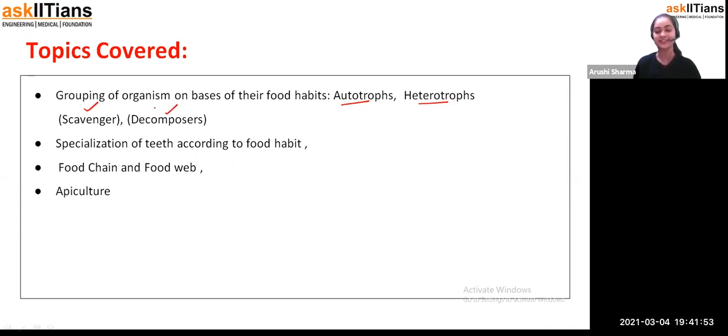I hope you have heard about decomposers and scavengers. If we talk about decomposers like the earthworm, you may have heard that earthworms are the friends of farmers. Why? If I give you a very brief idea, they break down substances, and because of that the fertility of the soil increases, and farmers require the fertility of the soil to be increased, right?